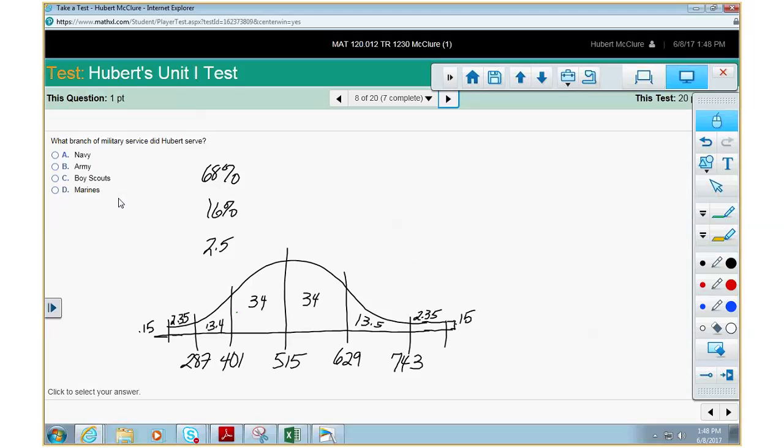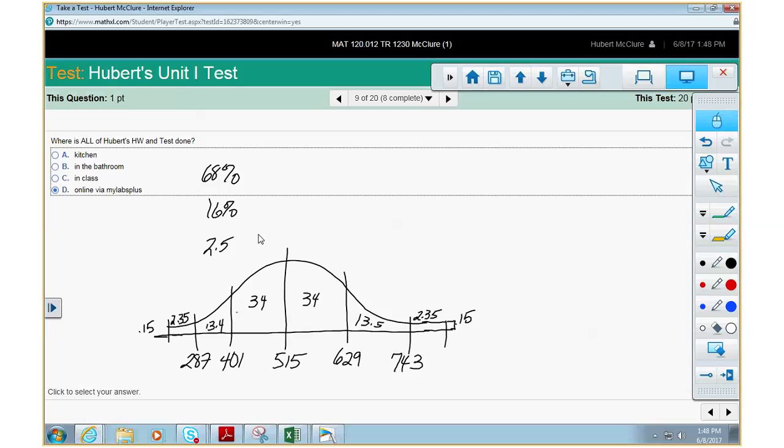Okay, you ready? Marine, Navy. If you get this one wrong, I would prefer you choose Boy Scouts or Navy. Just remember Parris Island. All right, next one. Where's all of Hubert's homework done? I do mine in the kitchen. Now, is that where you do the homework?